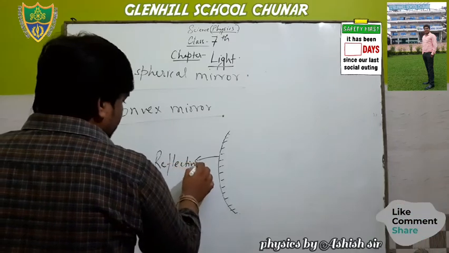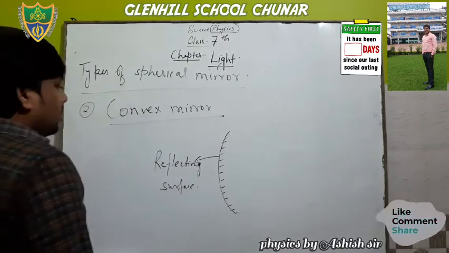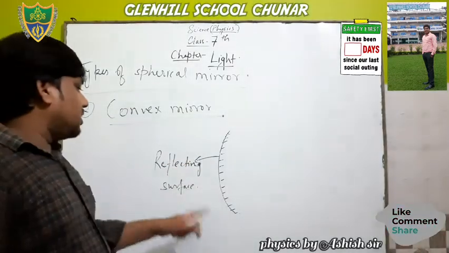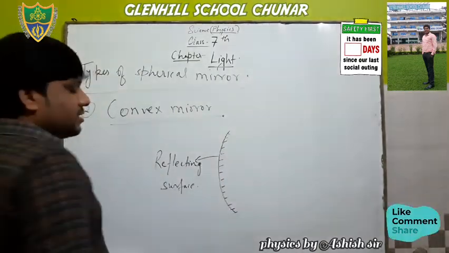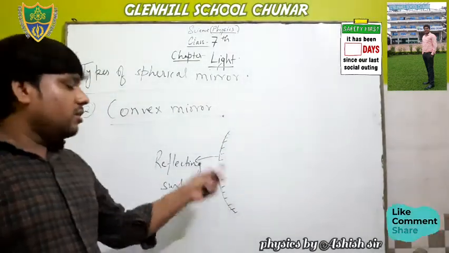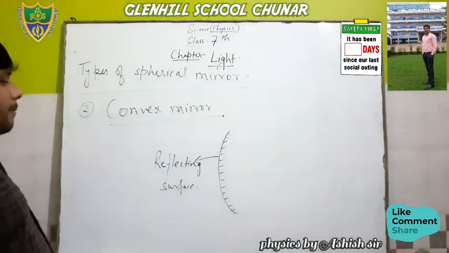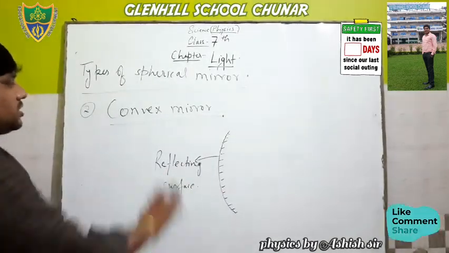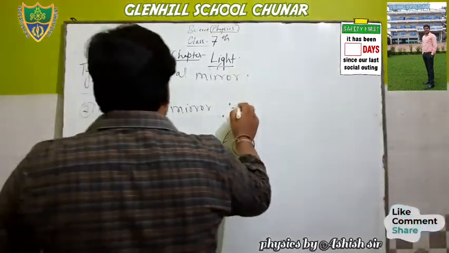Clear? The outer surface acts as the reflecting surface, and the inner surface acts like a polished surface. So the bulging surface is the reflecting surface. This type of mirror is known as a convex mirror.